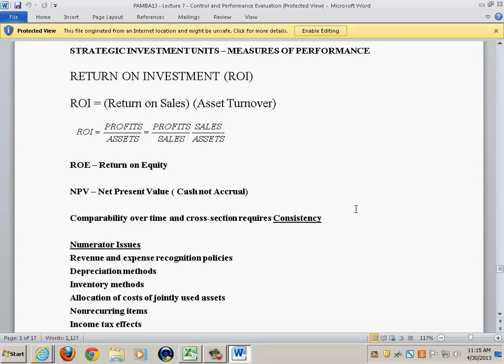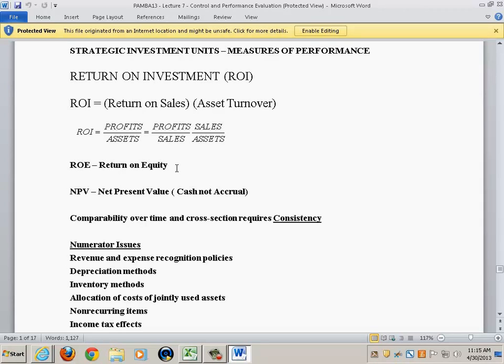In addition to return on investment, other frequent measures of performance of investment units are the return on equity for the company. What is the return on the value of the equity?